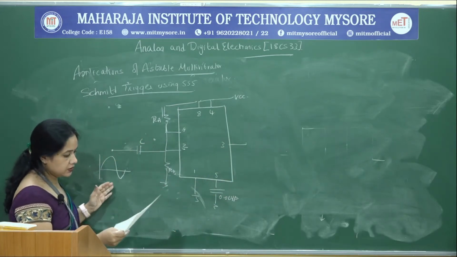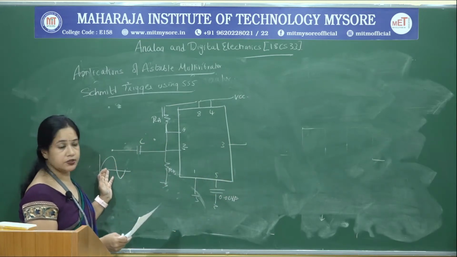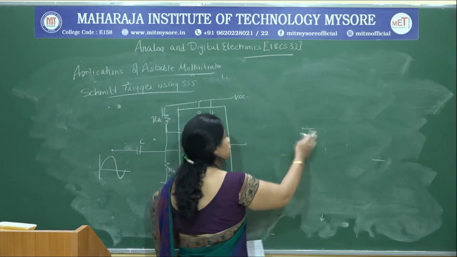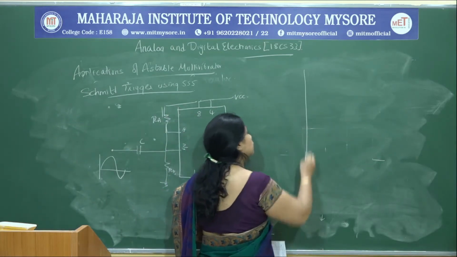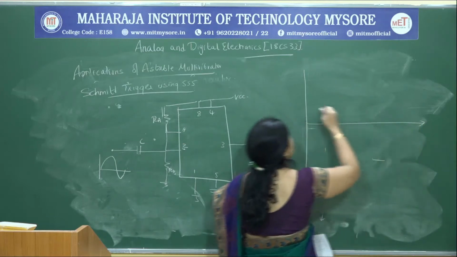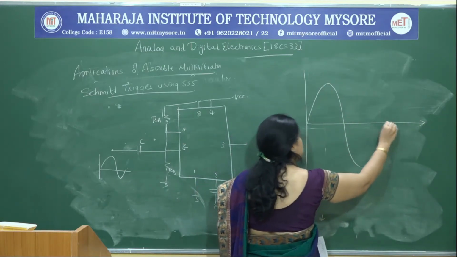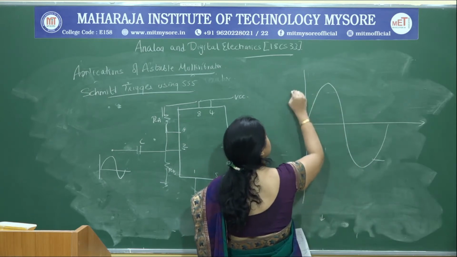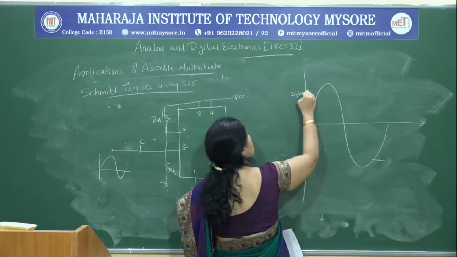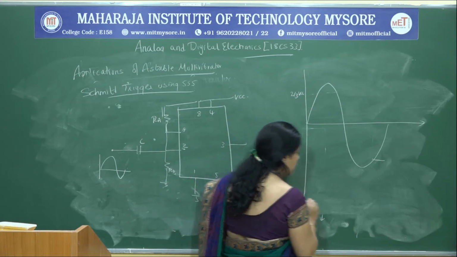What happens here, if you want to understand this, it is better you go with waveforms. When the input crosses 2/3 VCC, what happens?